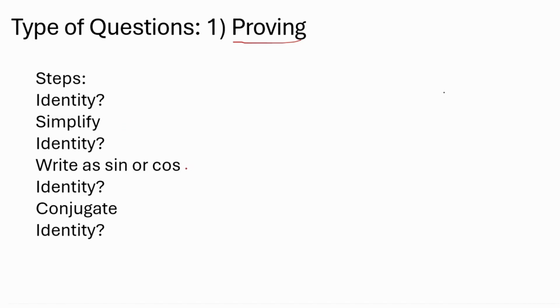If not, then if there's a tan or a secant or a reciprocal function, you write it as a sine or cos. Then you look back at it. Is there an identity I can use? Then, even if that doesn't work, in the last case scenario, if your answer has something like 1 plus sine divided by 1 plus cos, or 1 minus cos, or like 1 plus something or 1 minus something, you use the conjugate.